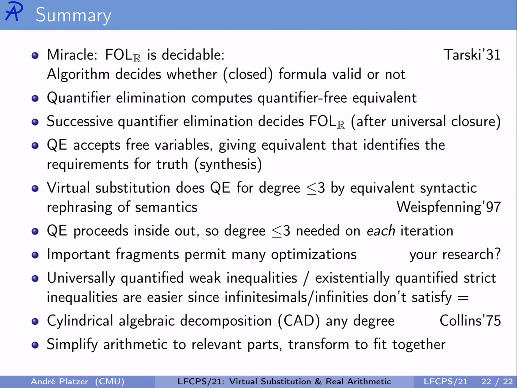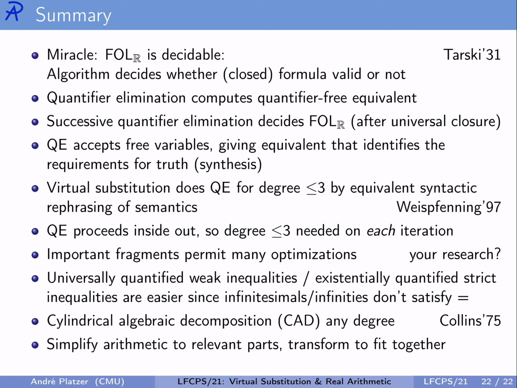In particular, also, universally quantified weak inequalities or existentially quantified strict inequalities are easier because they all boil down to infinitesimals and infinities, and they just never satisfy any equality except in extremely degenerate cases, which you can prevent by appropriate assumptions. So they're easier to handle because they don't have all those complicated cases anymore. So rephrase your question in arithmetic to make sure you fall into this fragment, if at all possible.